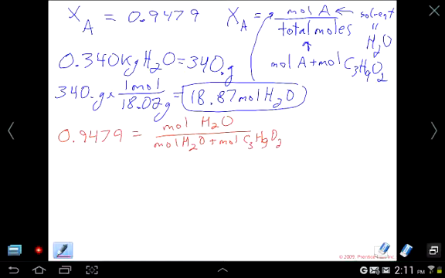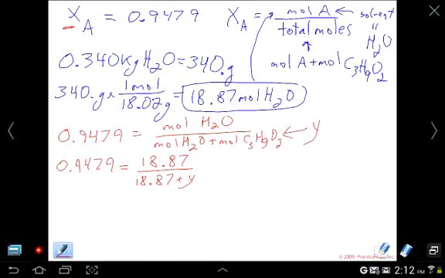So in this case, 0.9479 equals our moles of water, 18.87, divided by 18.87 plus, essentially what we're going to be solving for is this value. So let's call this guy y, just to differentiate from x, which is used in the idea of mole fraction, so plus y. So what we'll have to do is solve for y in this equation.